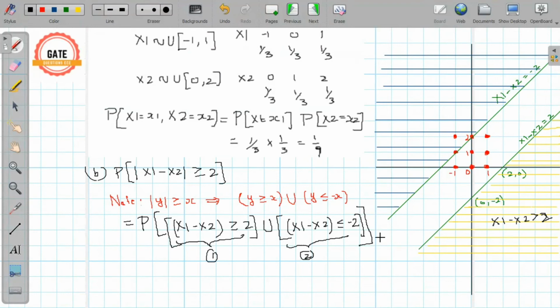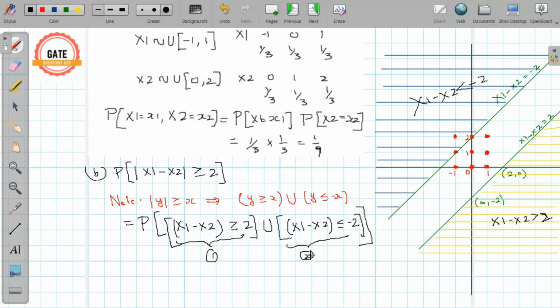Similarly, region 2 includes the line where x1 minus x2 is equal to minus 2. This line that I have drawn here is included in this region, plus the region in which x1 minus x2 is less than minus 2, so this blue region here.